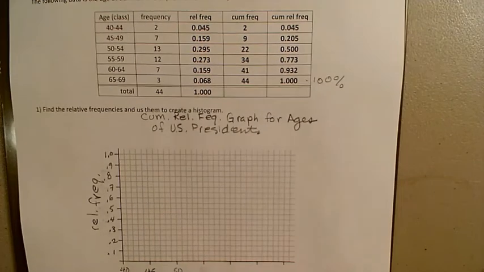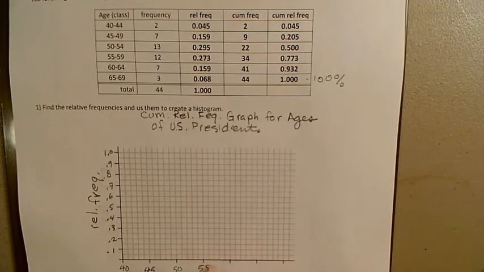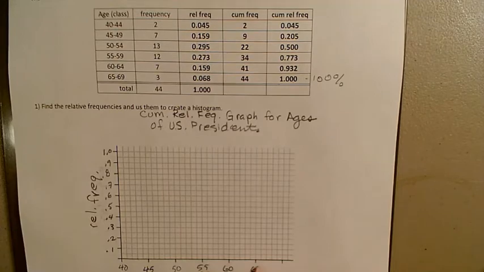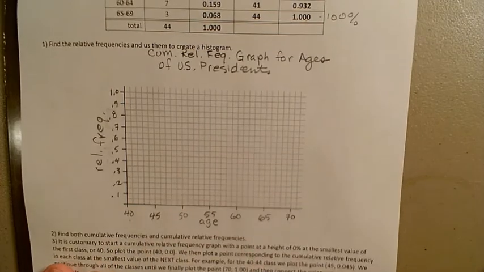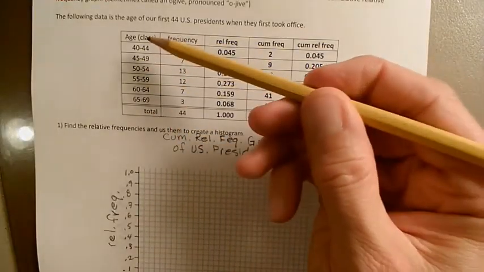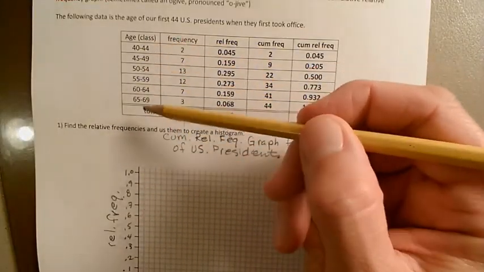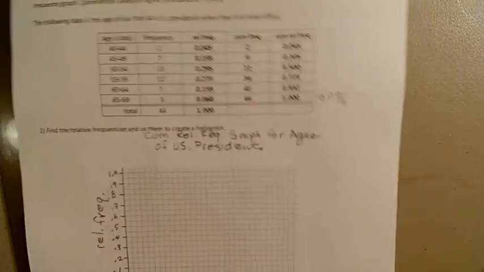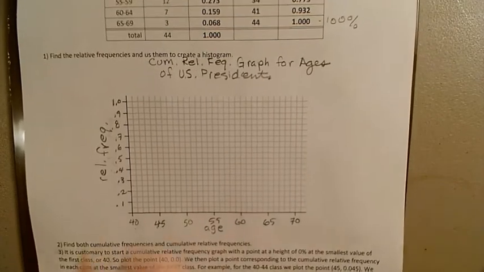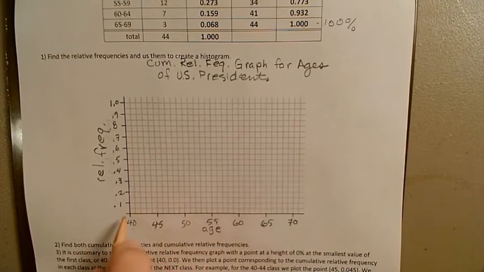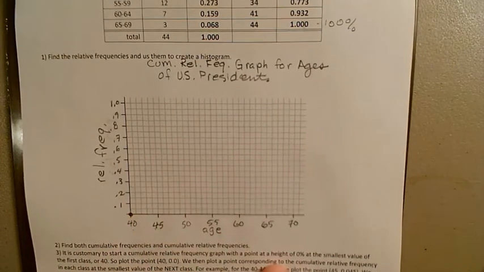We're going by 5s, not by 10s. That matches how we're going by the classes if we were going to make a histogram.